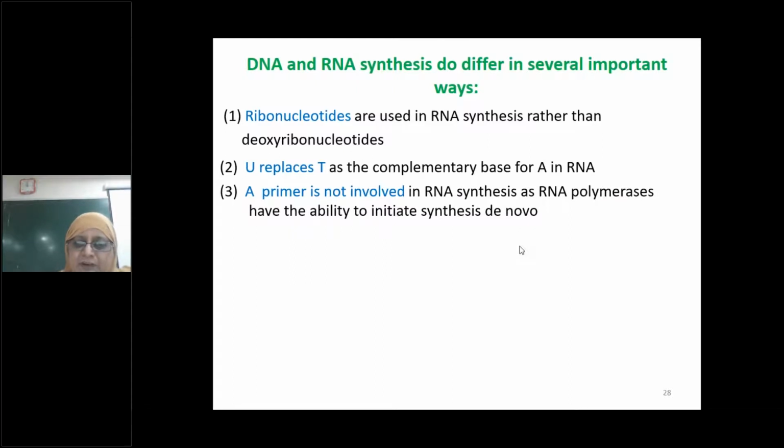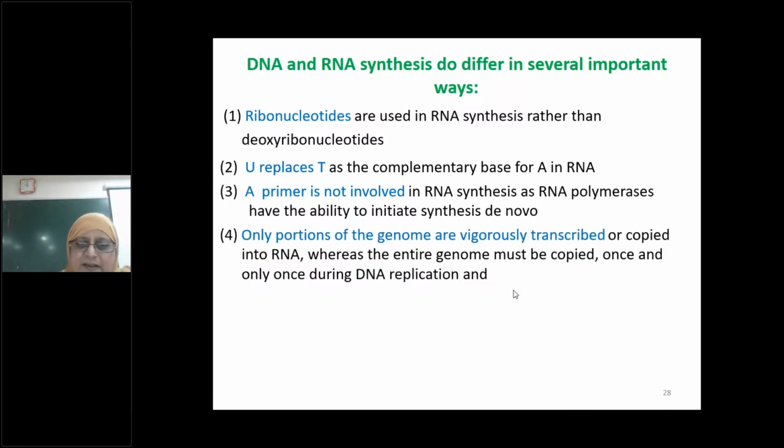Then a primer will not be involved in RNA synthesis, as RNA polymerases have the ability to initiate the synthesis directly, without the primer, which is not seen in case of DNA synthesis. And then only portions of the genome are vigorously transcribed or copied into RNA, whereas the entire genome must be copied once and only once during the DNA replication.